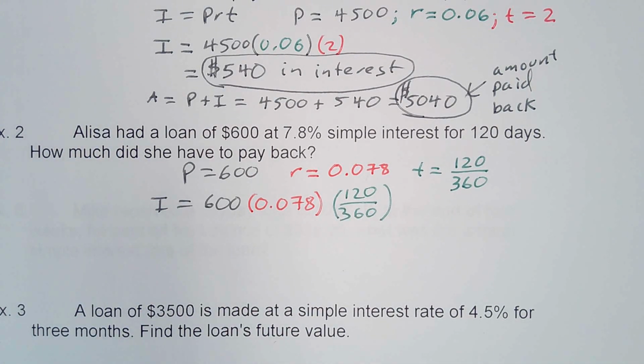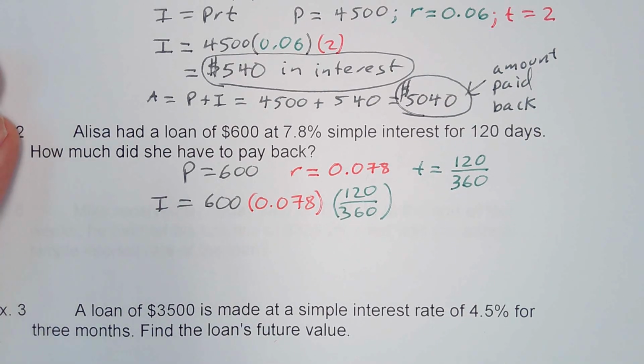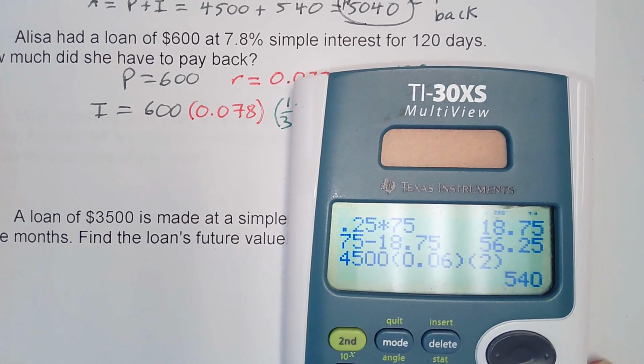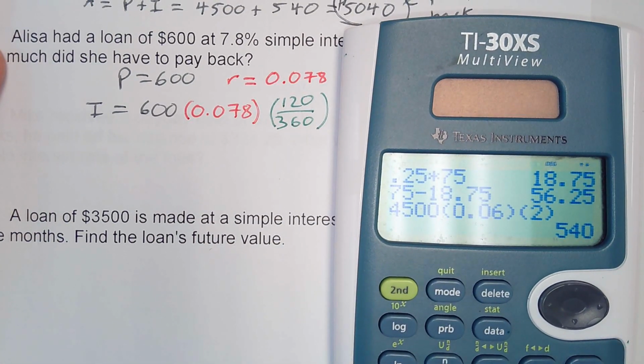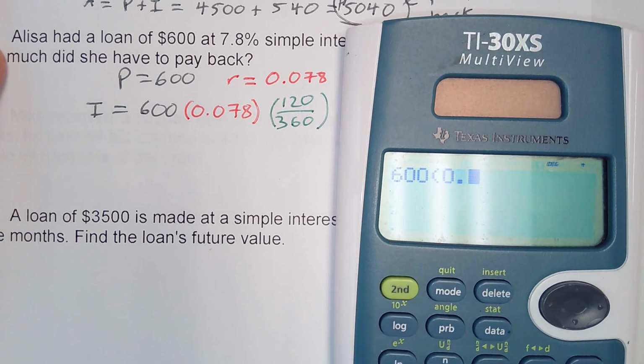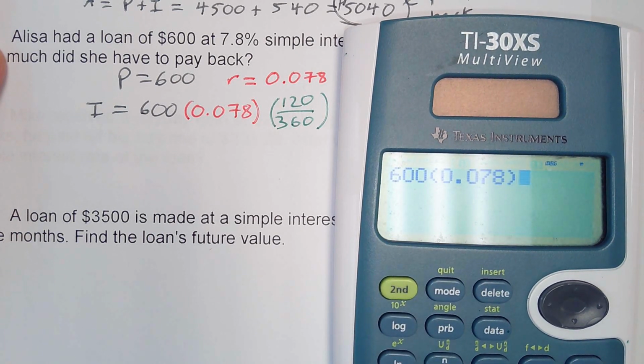Now we can enter that exactly how it's written. So here's what we're going to do. Clear the screen. I'm going to type 600 parentheses 0.078, close them off, open up again, hit my fraction key.